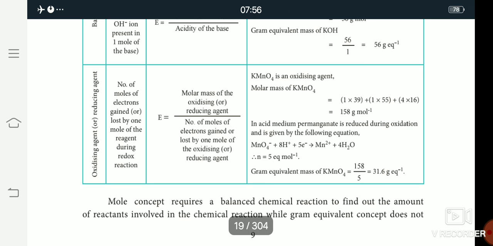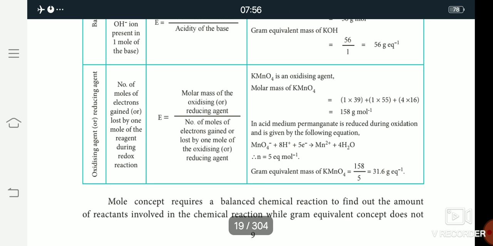The presence of the electron, that is electron gain or loss, the number of moles of electrons. One example of a salt is sodium chloride, potassium permanganate, ammonium chloride, calcium chloride. These are the salts, children.